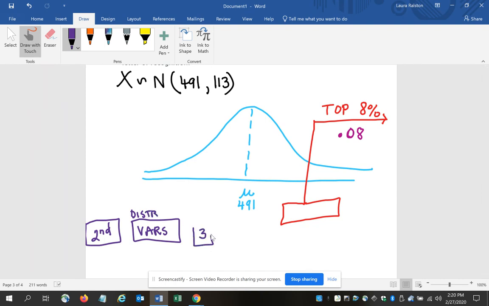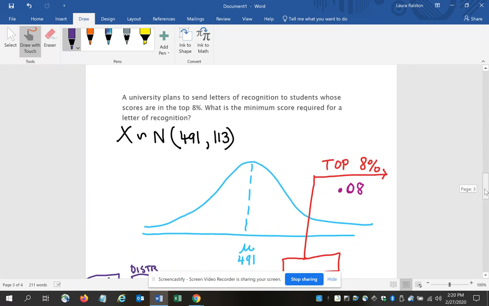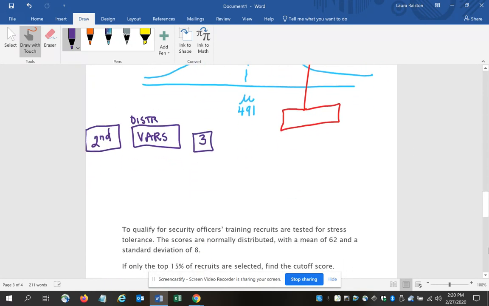Inverse norm is option 3. When you press the number 3, the inverse norm command comes up on your calculator.